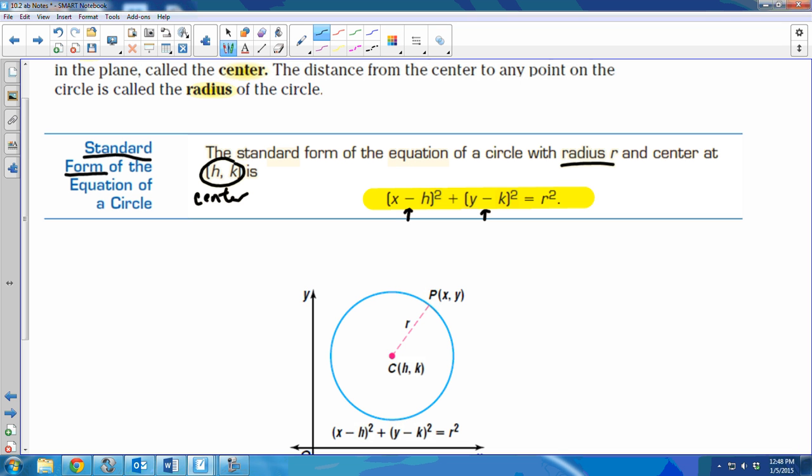Like if part of your coordinate h is negative, let's say this was -2, that'll become positive in the parentheses. Questions about the actual equation? Because all we're doing today is problems where we have to put information in to write this equation, in varying degrees of difficulty. We're good?